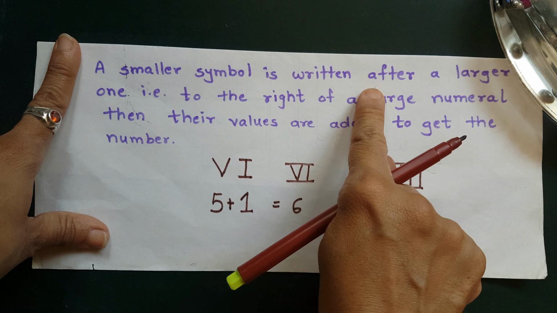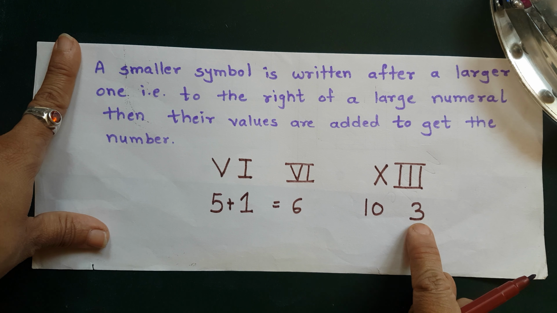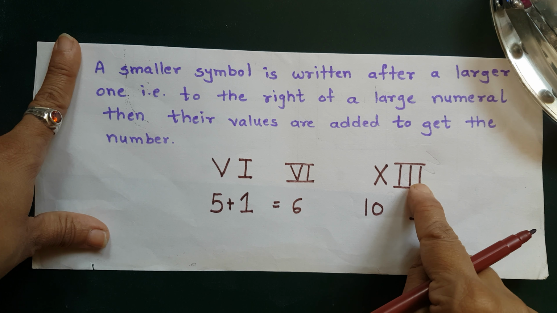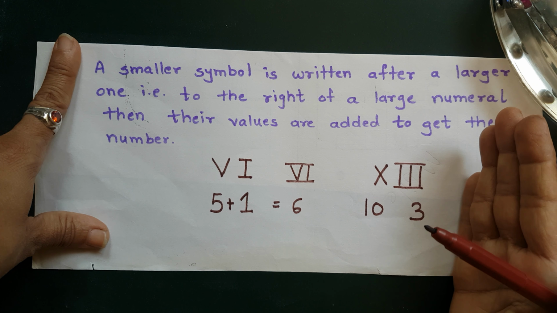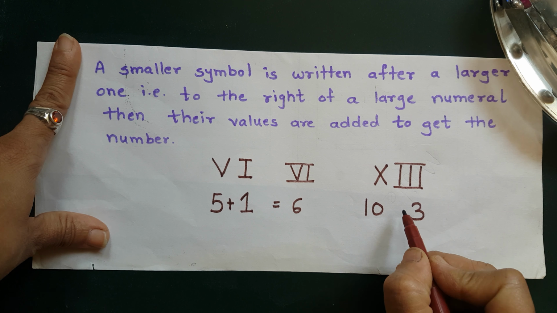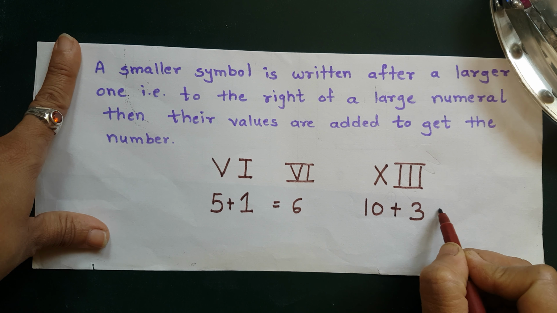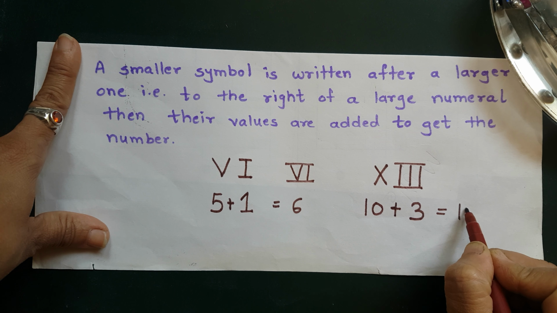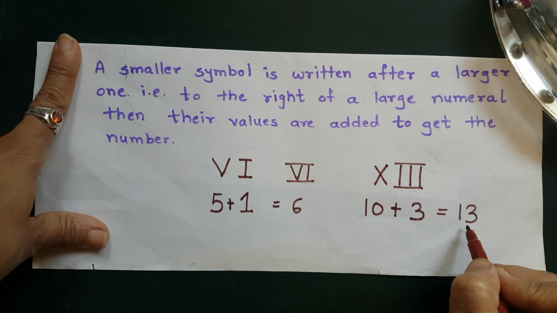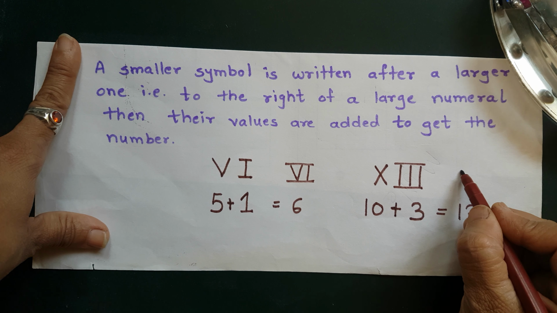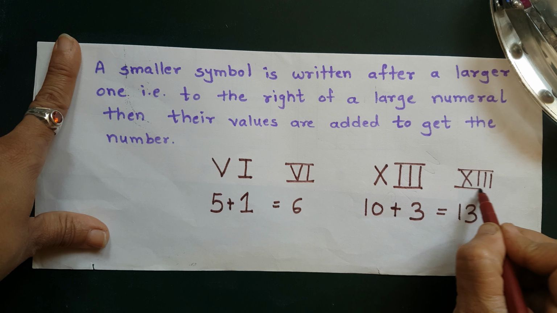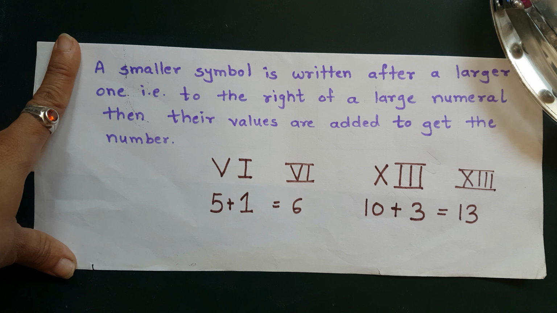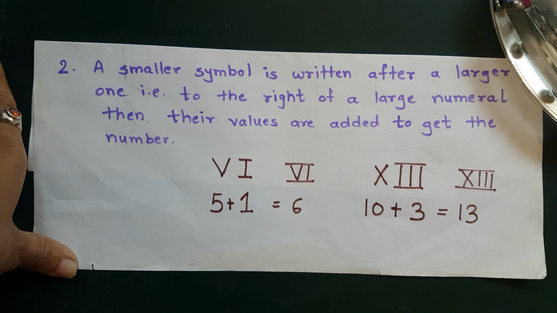Now according to rule, when we write a smaller number or smaller symbol after a larger one, means to the right side of the large number, we have to add them and my number becomes 13. So in 13 we write X triple I in Roman numeral. Understood, student? Let's see the rule number 3.